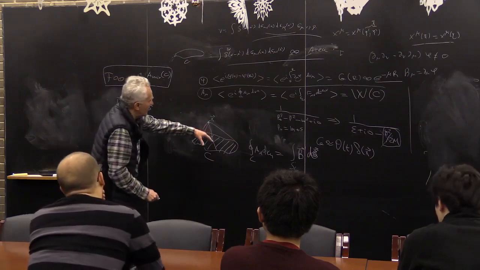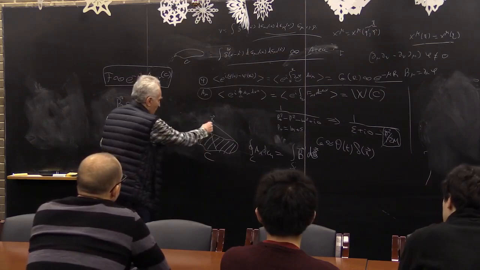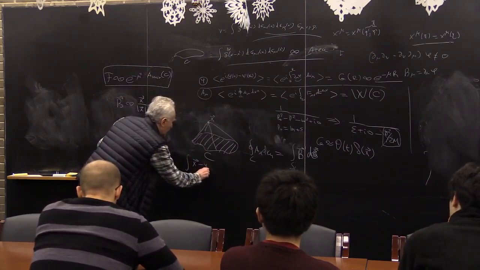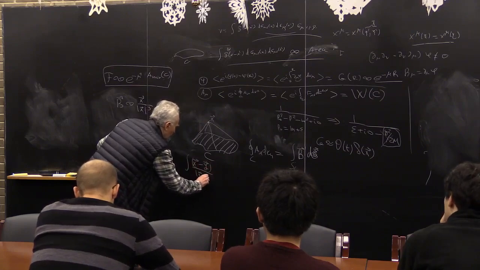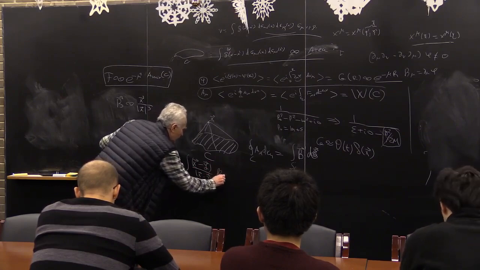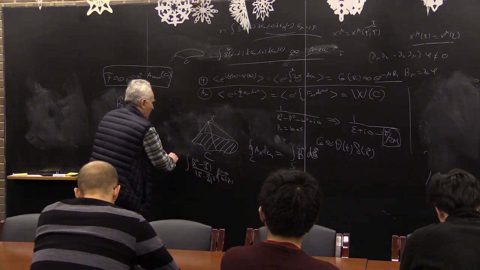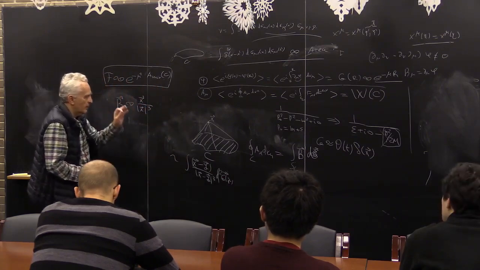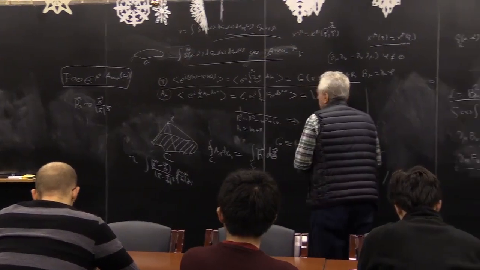And so the answer is a dimensionless integral, which is just the solid angle. The integral of x minus y over x minus y cubed, d sigma y, and that's the contribution of a single monopole to the contour.